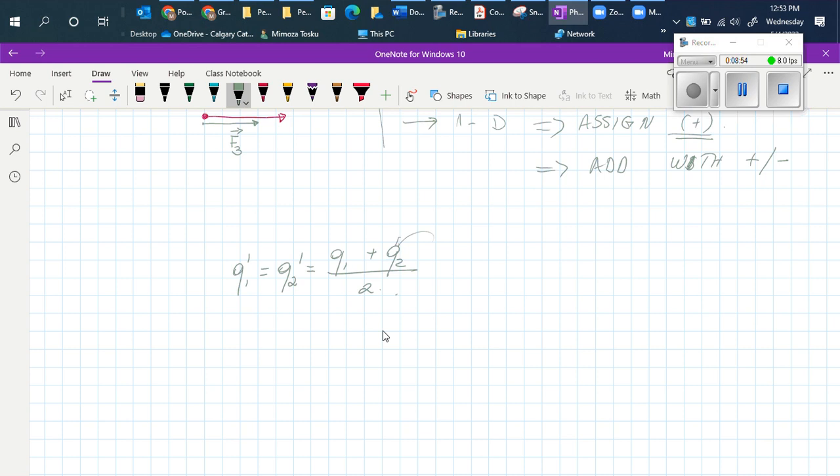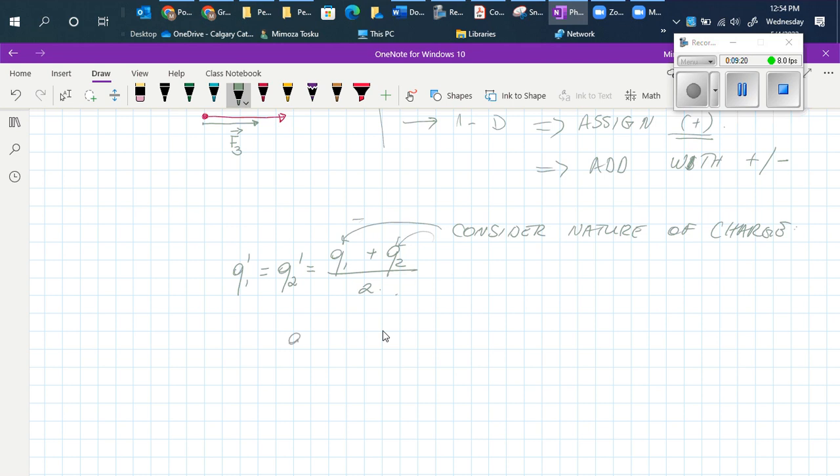So in this case, you will consider the nature of the charge. If charge 1 is positive, then you will say positive 3.2. If charge 2 is negative, then you will say plus, open brackets, negative, whatever, of charges.